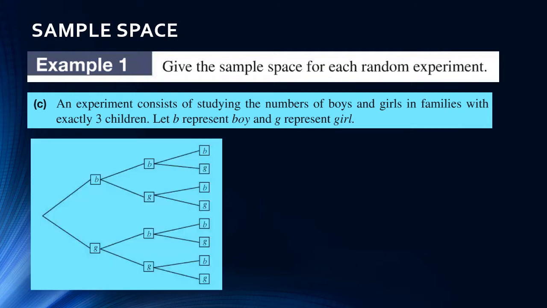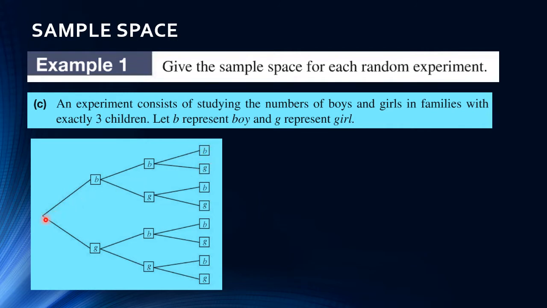And one thing that you can do is create a decision tree or a tree chart to help you figure out all the different combinations. So our first child can be a boy or a girl. If the first child's a boy, the second child can be a boy or a girl, or if it's a girl, it can be a boy or a girl. And then of course the same here, boy, girl.